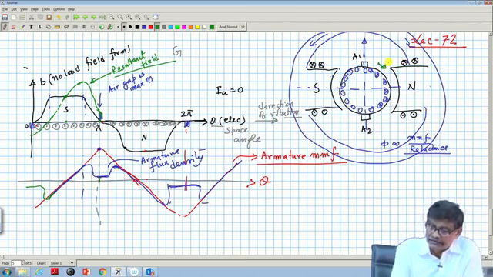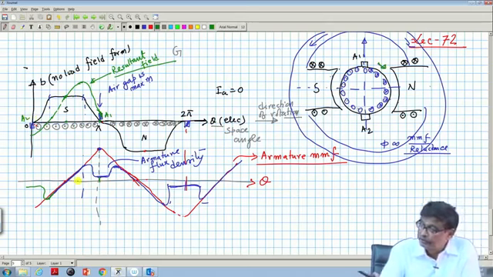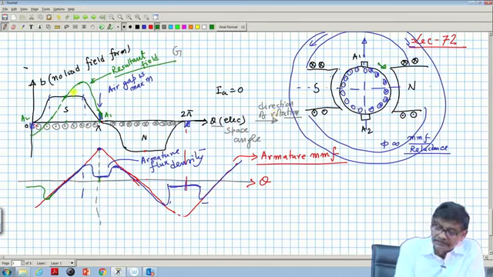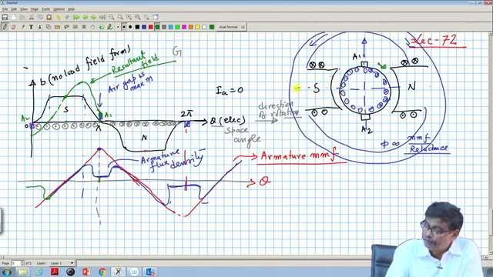So, in this case see this one is your A 1, this one as I told you make 1-to-1 correspondence here, A 1, this is A 2, and you can easily see this part is the trailing pole tip. This portion is the trailing pole tip, trailing half of the pole, because conductors are moving this way.